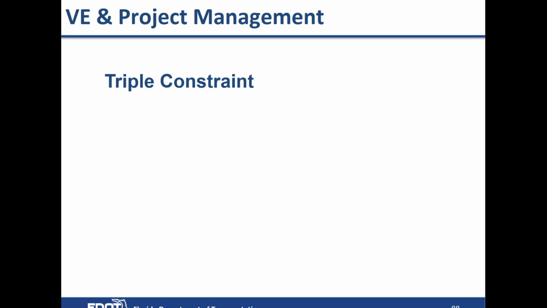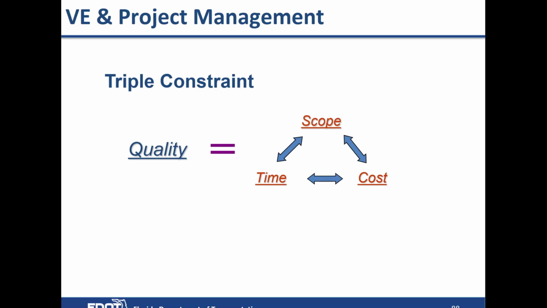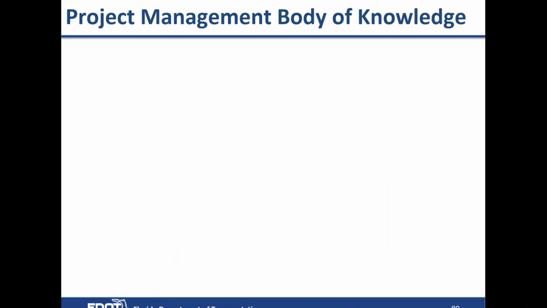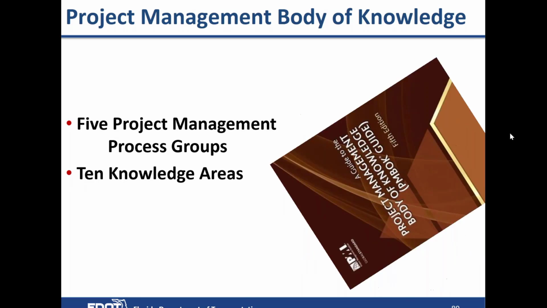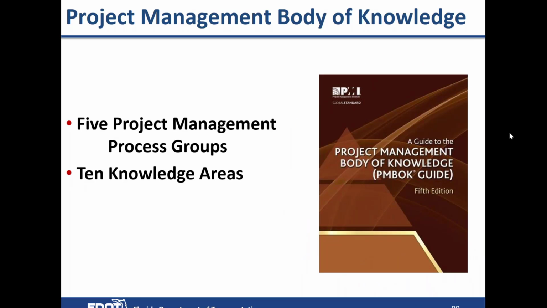I'm sure most project managers have heard about the triple constraint. That's quality is equal to scope, time, and cost. It's difficult to balance those, but it's important to balance them to get a quality project. So also there's the Project Management Body of Knowledge, and there are 5 project management process groups and 10 knowledge areas.